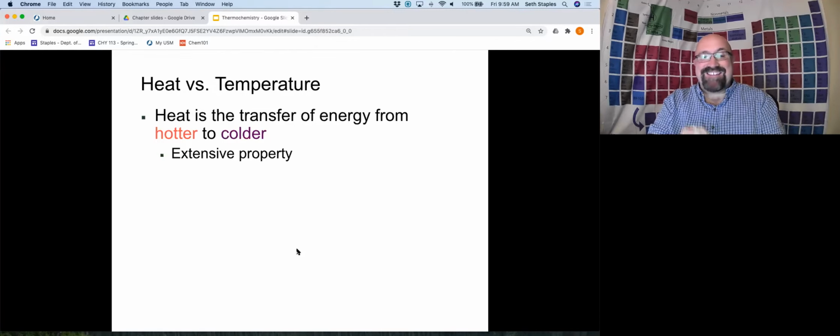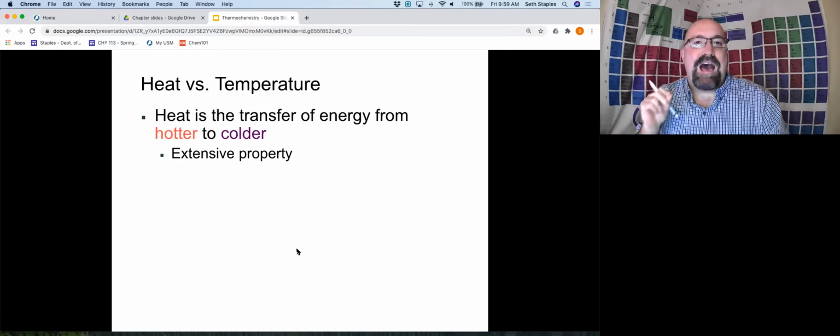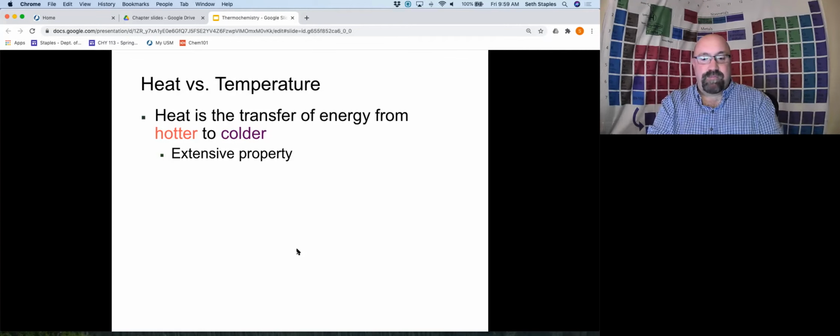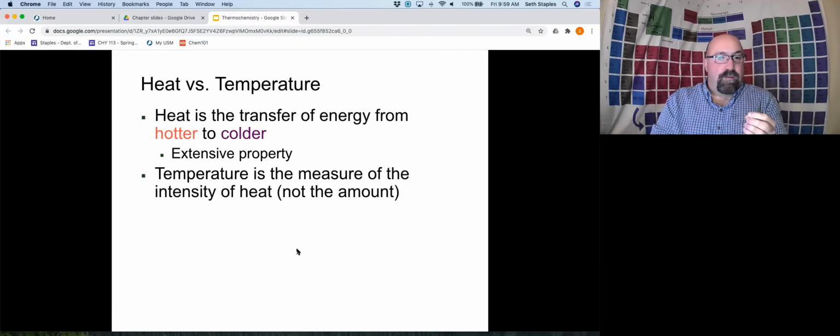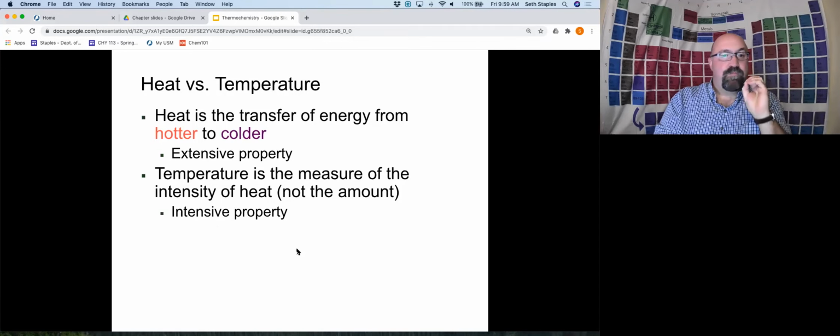Heat is an extensive property. The amount of heat, the amount of energy that is being transferred is going to depend on how much matter that we have. Whereas temperature is a measure of the intensity of that heat, not necessarily the amount, but the intensity of that heat. It makes it an intensive property.